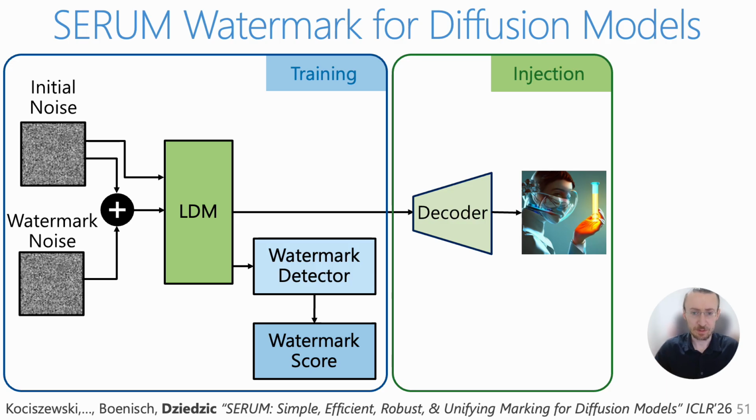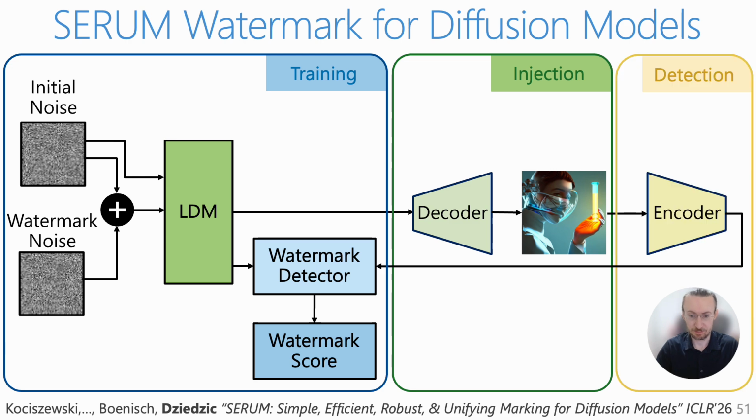Then once we have this training for the watermark score, and we know how to embed the watermark into the generation process, we can inject this watermark into every possible newly generated image, and once we decode the image, we just have a standard one of the images that these models can generate.